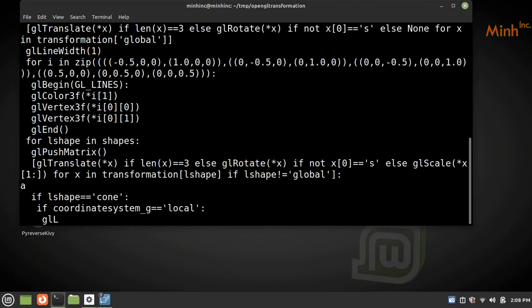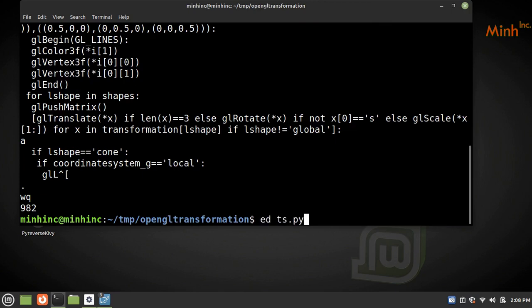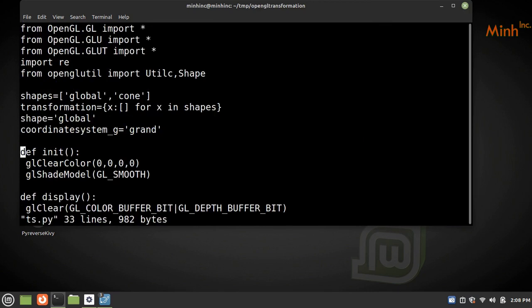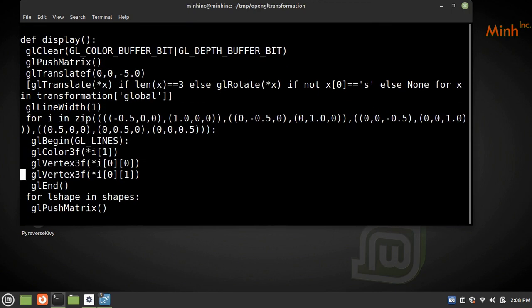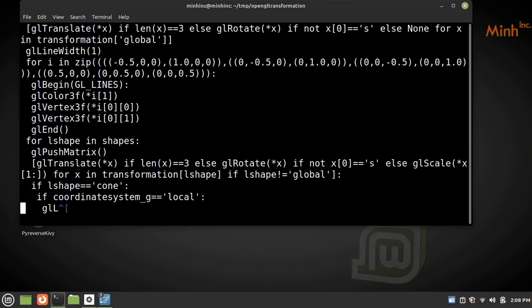So we'll do the same thing what we did. So we'll draw for the local, we'll draw the coordinate system again. So if it is local then GL, I think we can copy paste, three, four, five, six, seven, and we can paste it here.